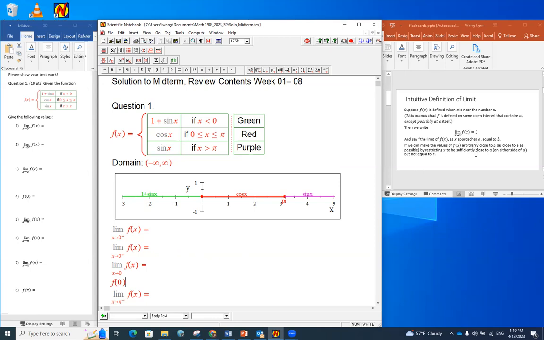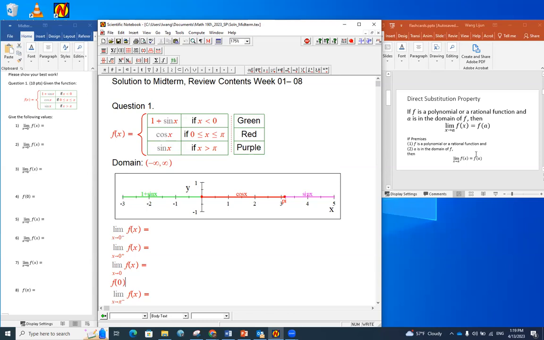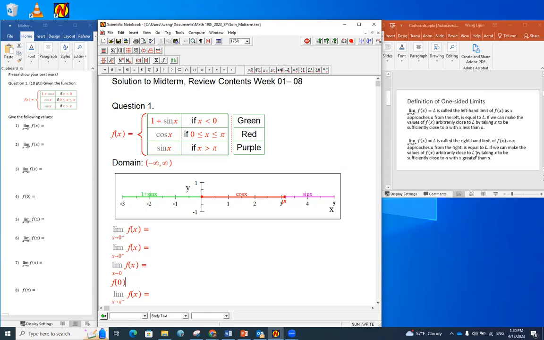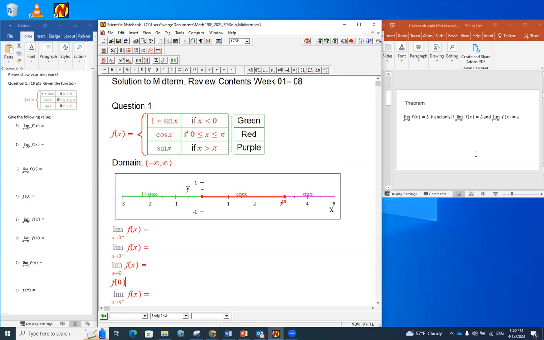So this is about limits and one-sided limits, and this is the theorem: a limit exists if and only if the limit from left and the limit from right both exist and they're the same.